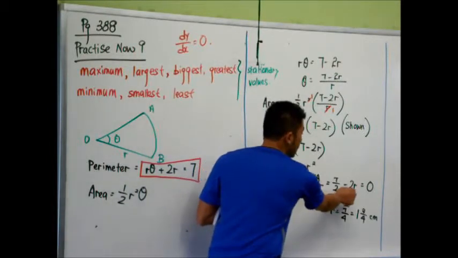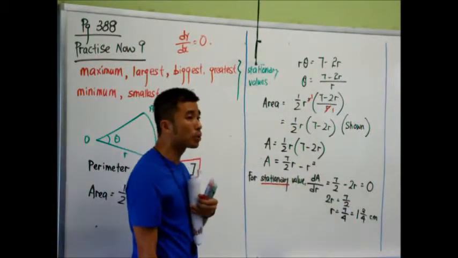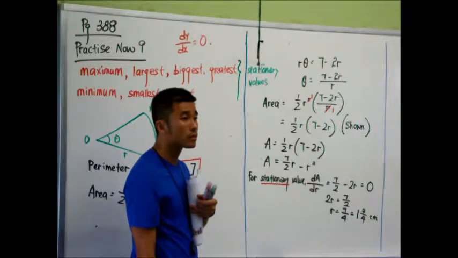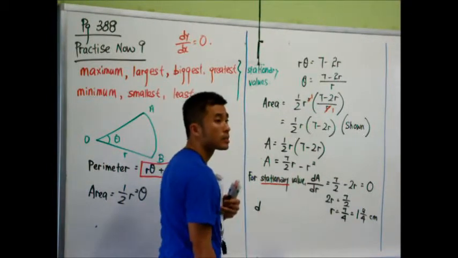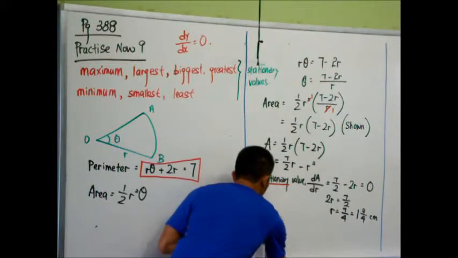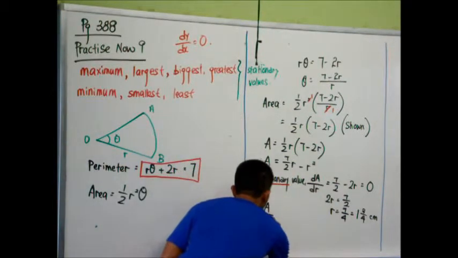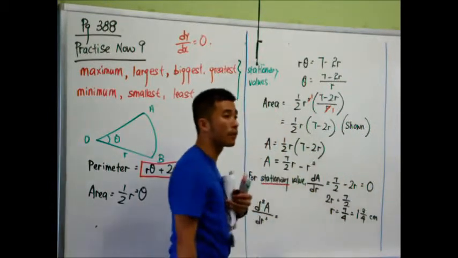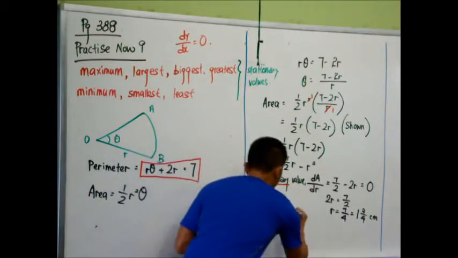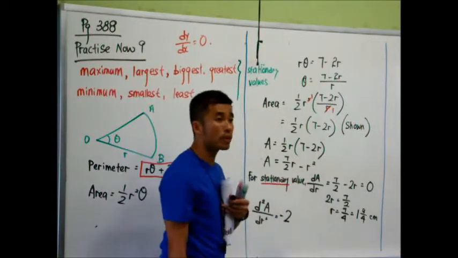Now take a look. The first derivative is this answer. Is it very easy to do the second derivative? So Sophie, how to do the second derivative? d square A over dr square. If you differentiate this first derivative, what's the answer for second derivative? Negative 2. You don't even have to substitute.